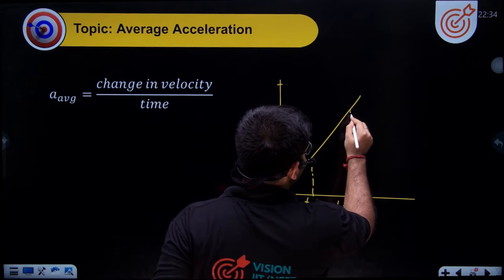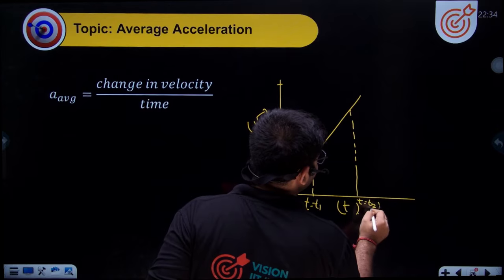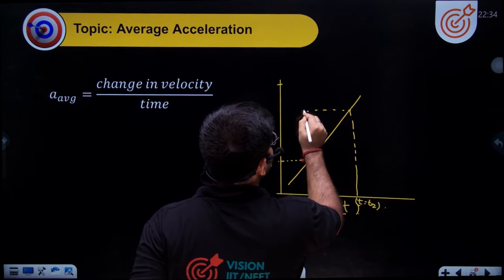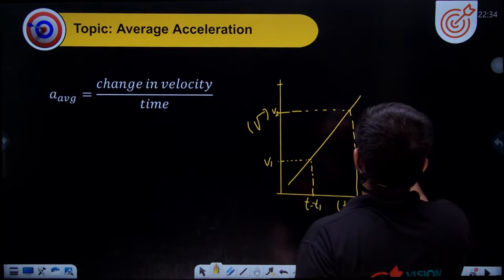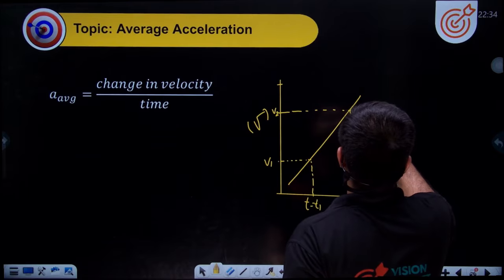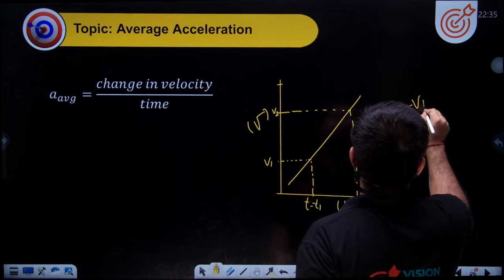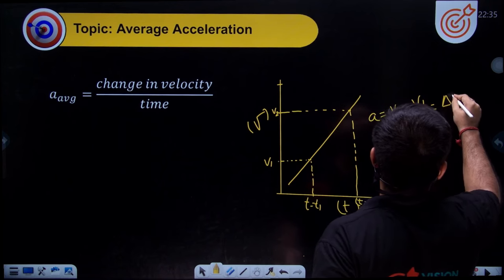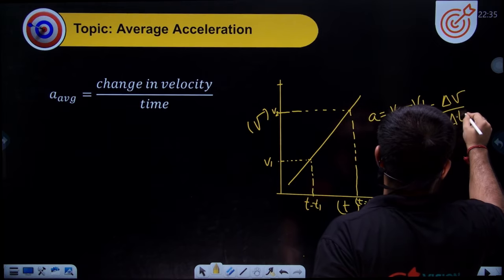And at time t is equal to t2, my velocity is v2. So the slope, that is the acceleration, is nothing but v2 minus v1 by t2 minus t1. We can tell this as del v by del t, that is the change in velocity divided by the change in time.